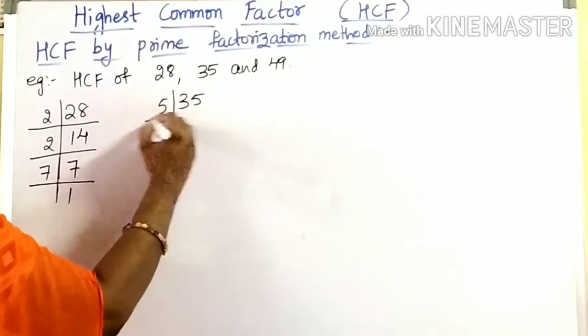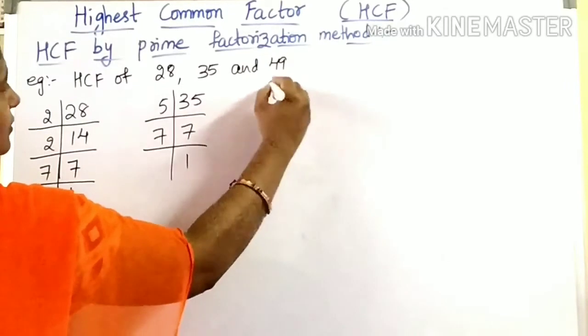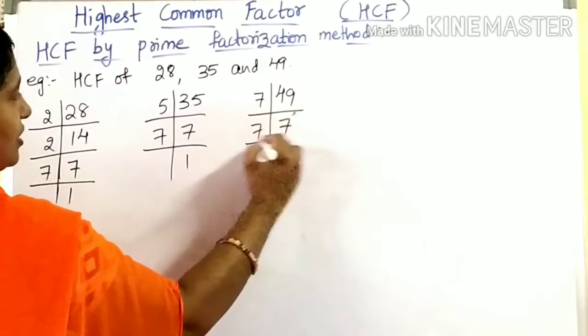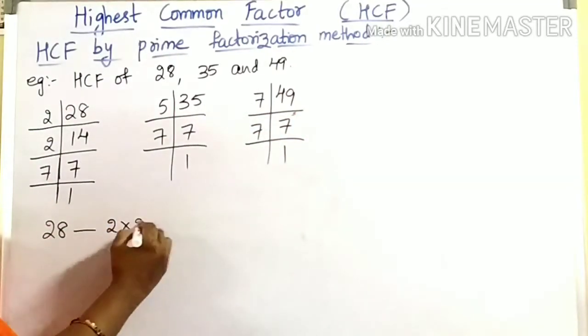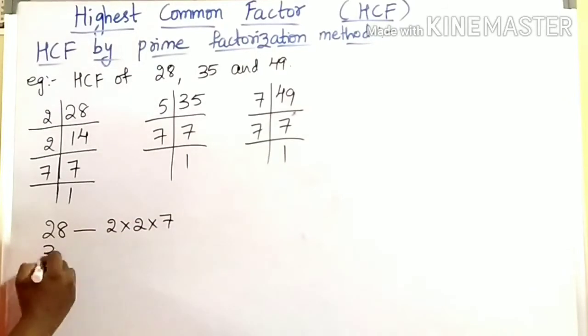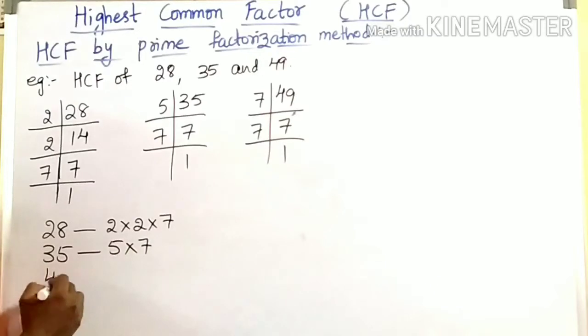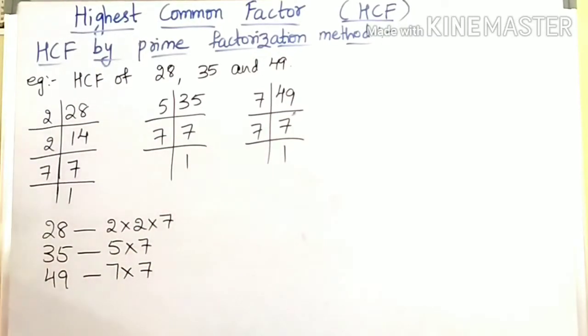So 5 table, 5 7s are, 7 1s are. Next 49 will go in 7 table, 7 7s are, 7 1s are. So you got 28 as 2 into 2 into 7, 35 as 5 into 7 and 49 as 7 into 7. So what are the common factors in this?